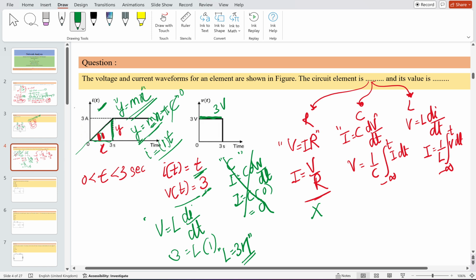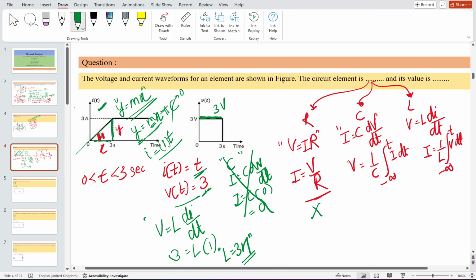The voltage is a constant, and when you differentiate I you also get a constant. Both are at a constant level, but with a certain factor multiplied, that is the self-inductance of that circuit.